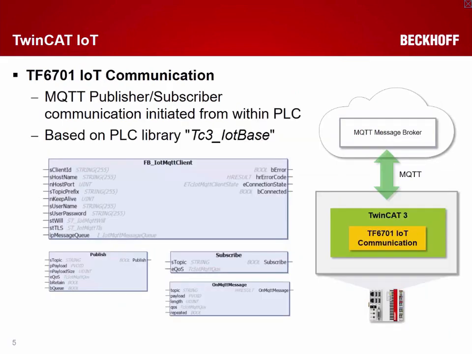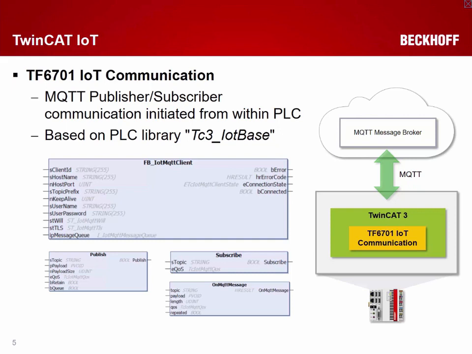So like I said, TwinCAT IoT is a software package. It's actually a product family. And one of the first products has now also been released. It's the TF6701 IoT Communication product, which is basically a PLC library. So you can reference this PLC library within your PLC project, and then you can use MQTT publisher subscriber technologies, communications initiated from within your PLC logic.